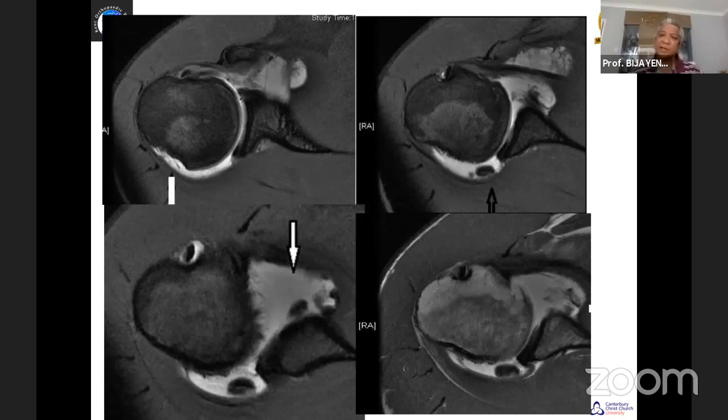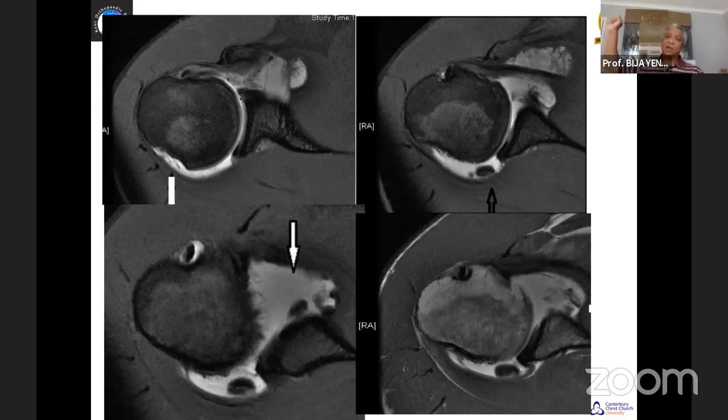So once you've done your apprehension test, then you do your Jobe's relocation maneuver. Now, some people do it supine, some people do it sitting. I certainly do it sitting down, patient sitting relaxed on the chair, and I do my apprehension maneuver and the Jobe's maneuver at the same time.